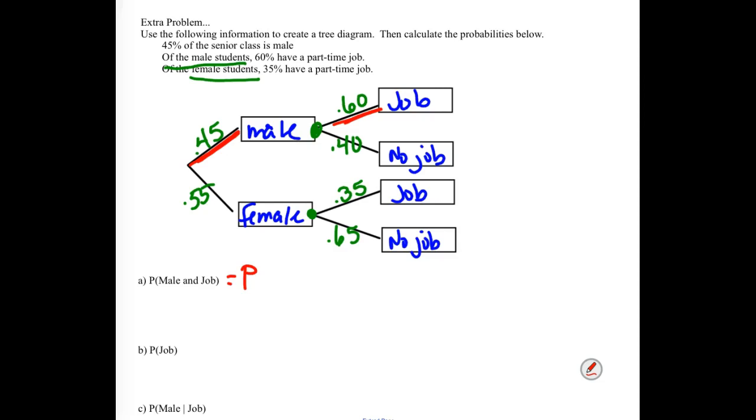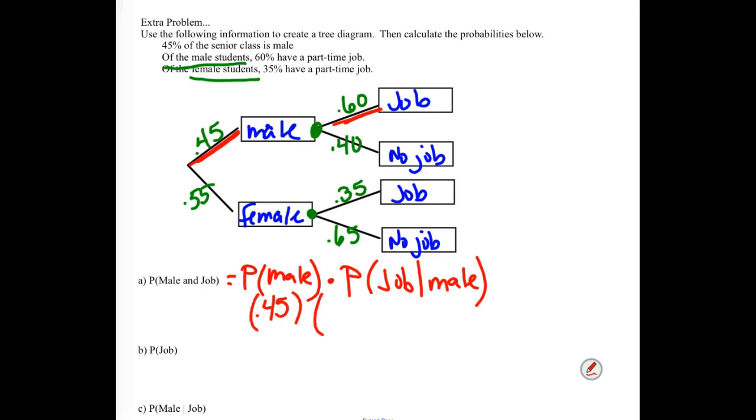So this would be the probability that they are male times the probability they have a job given they are male. Yes? So the probability that they're male is the 0.45. The probability that they have a job given that they're male is this 60%. And when we multiply those together, we end up with, what was it, 27%?